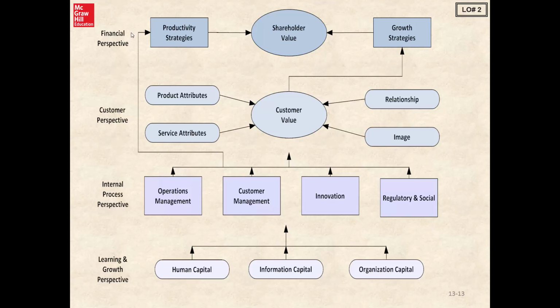And these things contribute to our financial perspective: productivity strategies, shareholder value, growth strategies, and customer value, right? We have our relationship with our customer, our image, our service attributes, and our product attributes, which, if we do well in these things, can contribute to our growth strategy. So here's a simple markup for a strategy map.